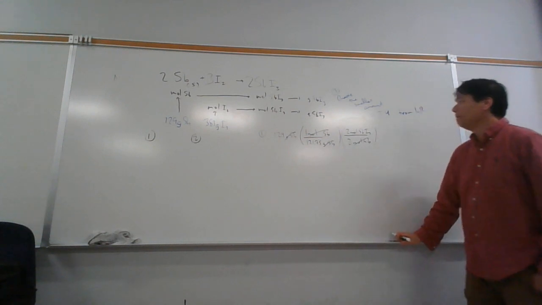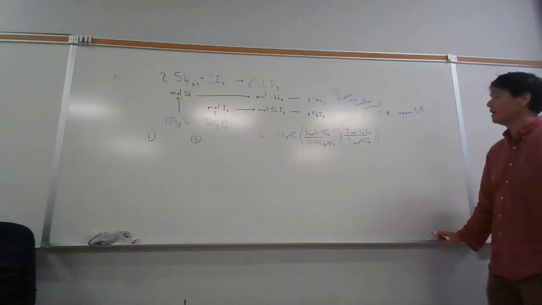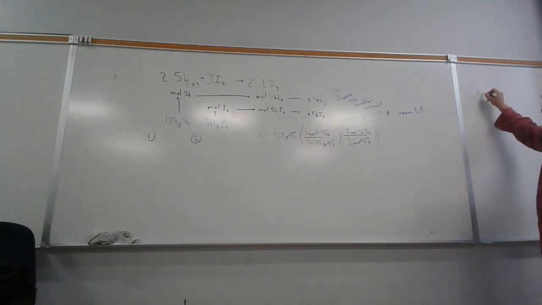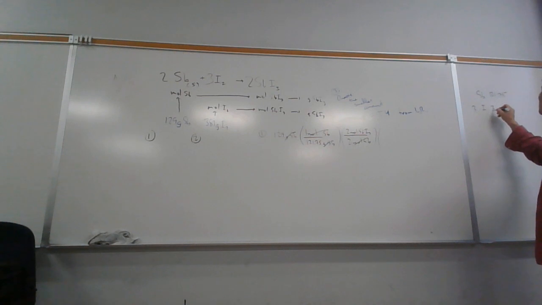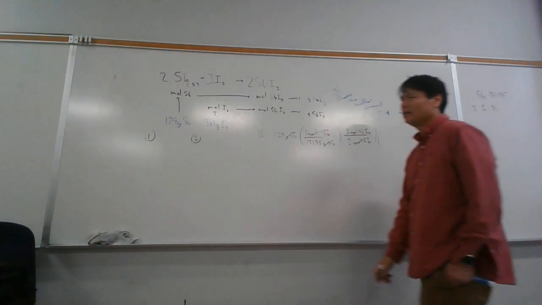And then we need the molar mass of SbI3. And so Sb is 121.75, and then we have 3 iodines. And it's going to be 3 times... Iodine is pretty heavy.